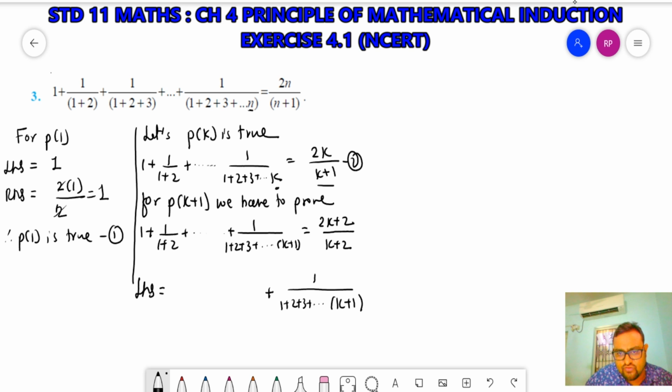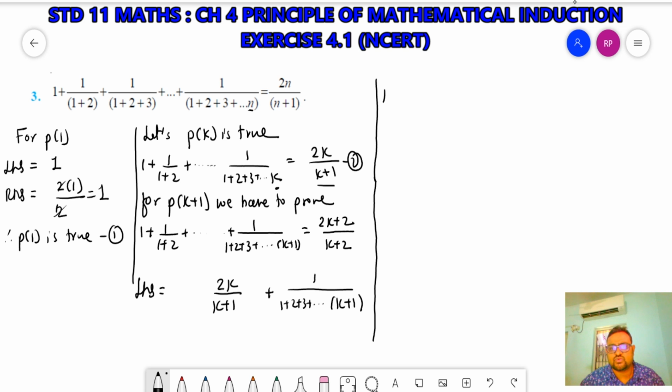So instead of that I will write down 2k upon k plus 1. So now LHS will be equal to 2k upon k plus 1 plus 1 upon, now see, this is 1 plus 2 plus 3 up to k plus 1.